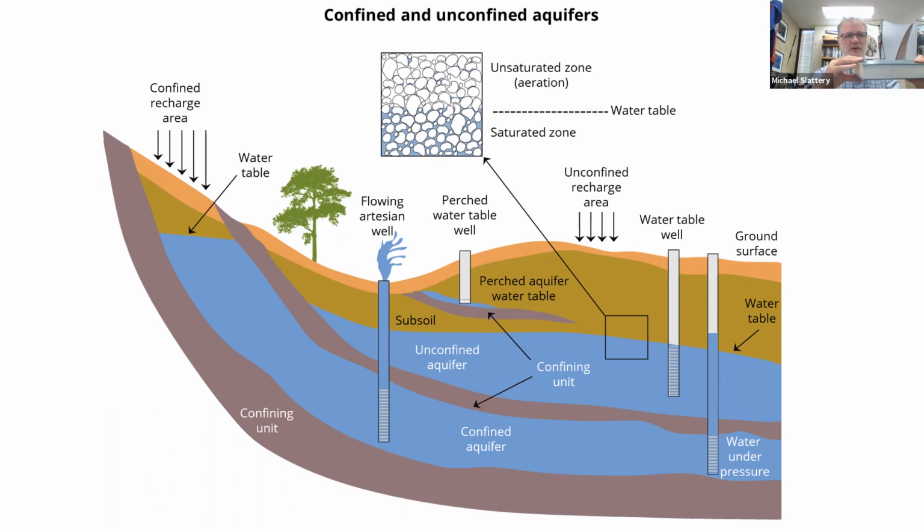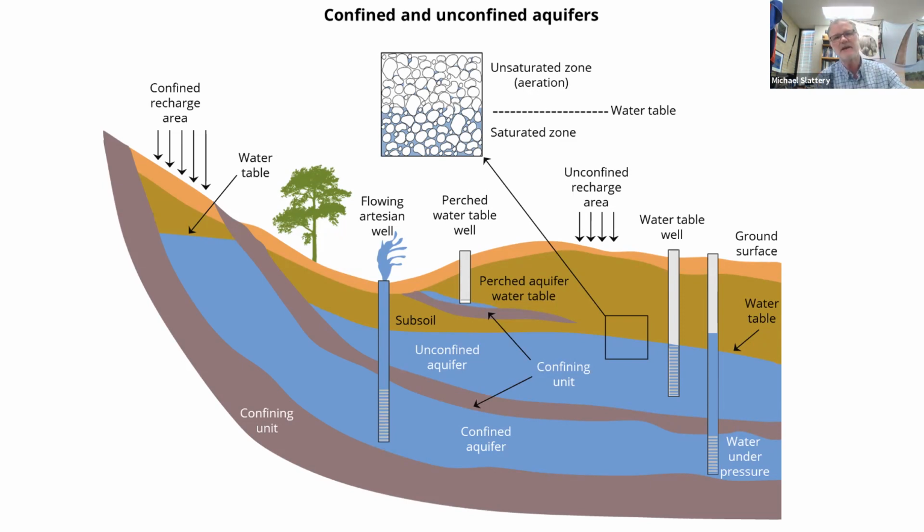It's going along horizontally here and off the side of the screen. But the point is that a confined aquifer is a geologic unit that has an impermeable or confining layer above and below it. In other words, water cannot penetrate vertically down through that confining unit. That confining unit is almost certainly some sort of clay or shale layer. And the rock inside that confined aquifer, in other words, all the pages in this book, are completely saturated. So that's a confined aquifer.